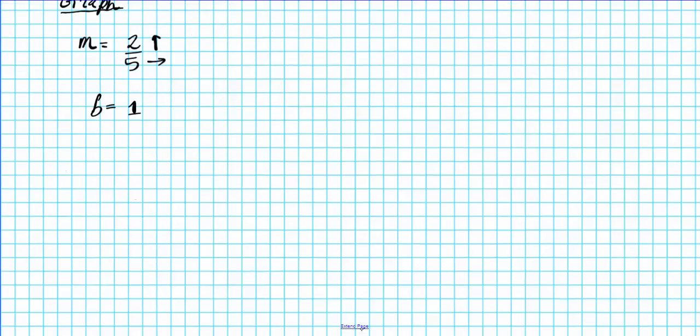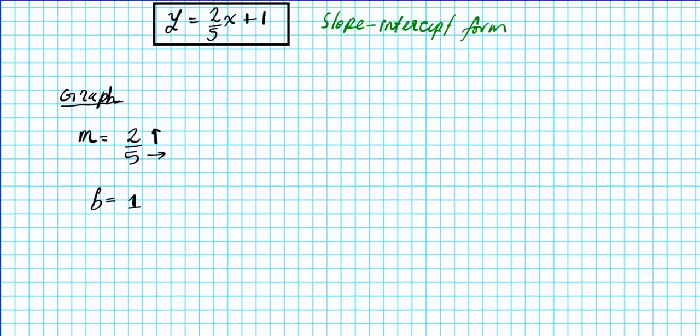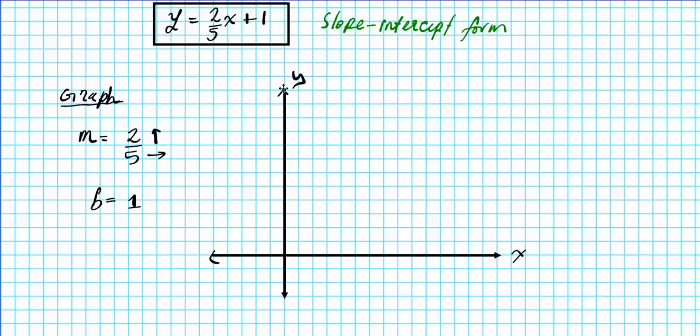Okay, so let's go ahead and do it. We have a positive y-intercept, so we can move our x-axis down a little bit. Right there. So there goes our x-axis and our y-axis. So the y-intercept is 1.